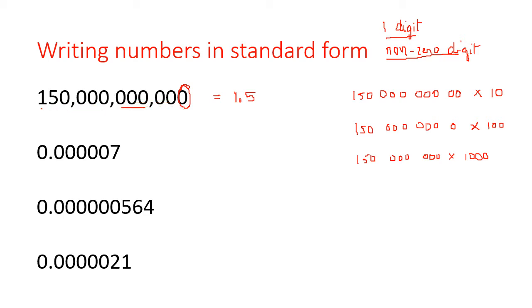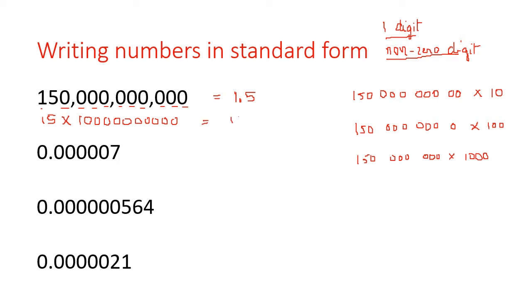What I am basically doing is this whole number I am writing as multiplication of power of 10. So you can see what I have done here. So I can also write this as 15 into 1, 2, 3, 4, 5, 6, 7, 8, 9, 10. So 2, 3, 4, 5, 6, 7, 8, 9, 10.